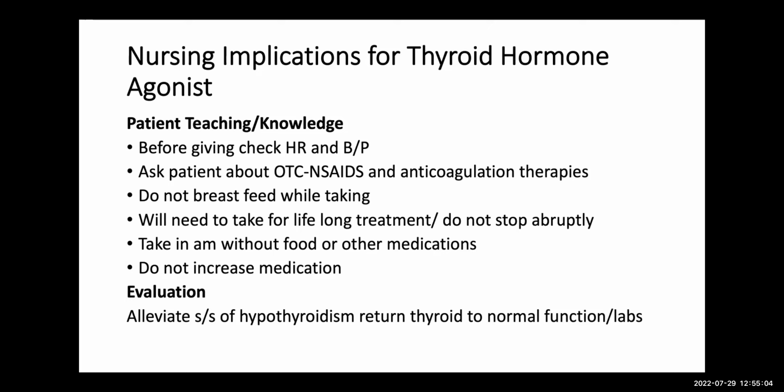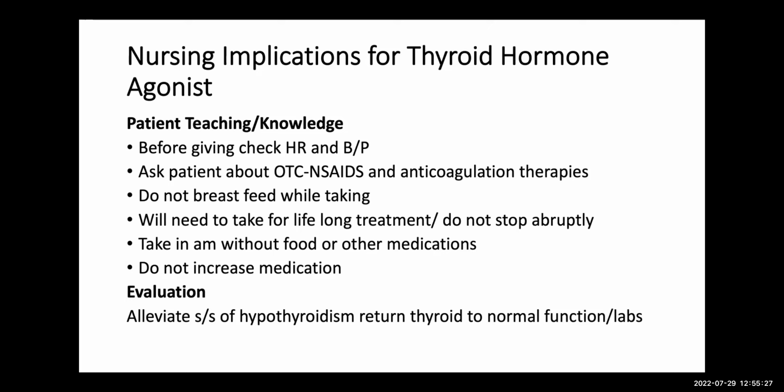Now, patients have to take this for life. You probably have some patients that have mild hypothyroidism and they refuse to take the medicine, but their symptoms are mild. They haven't progressed. Once these symptoms continue to progress, their body is going to be very dependent upon this medicine.